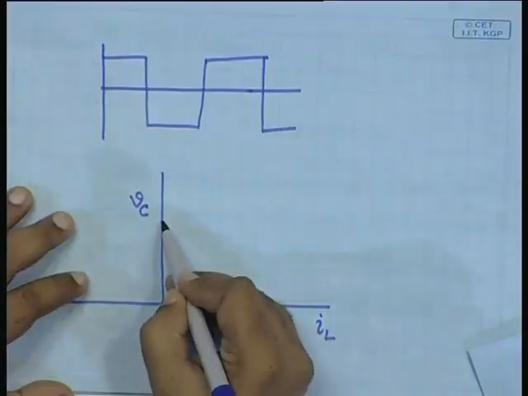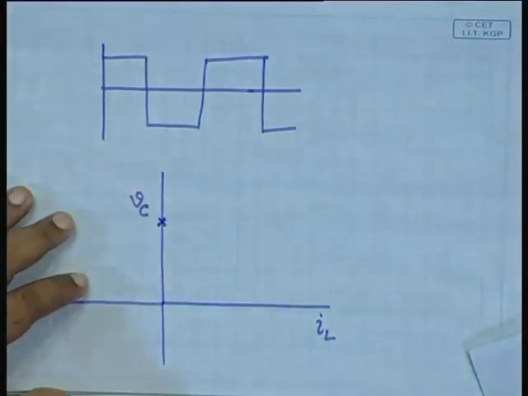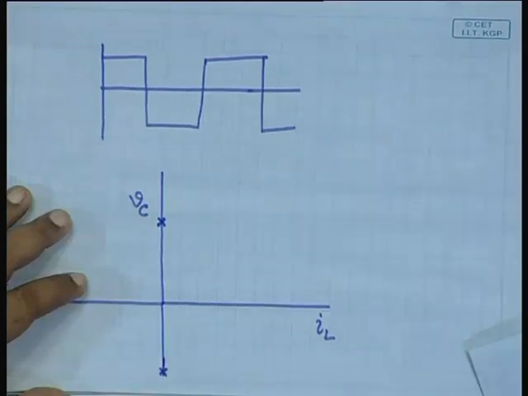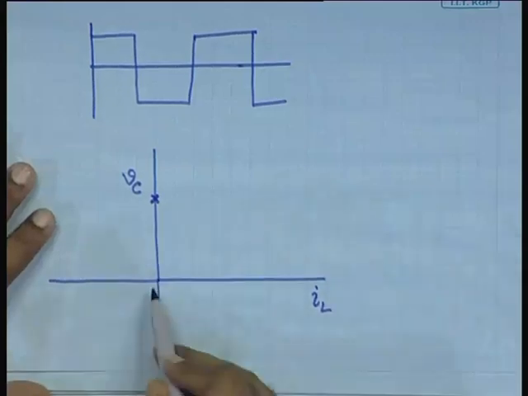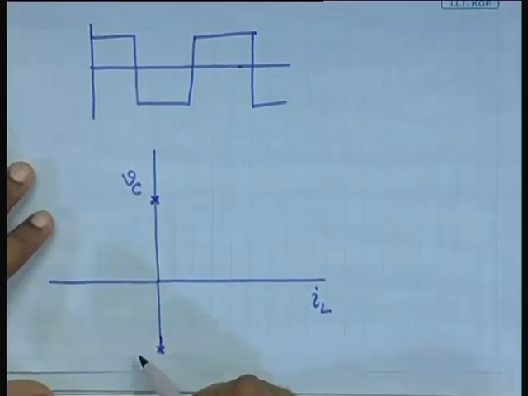V. So, it is different. If it goes from plus V to minus V, in Vc there will be one equilibrium point here and another equilibrium point here, with I value 0. Clear?